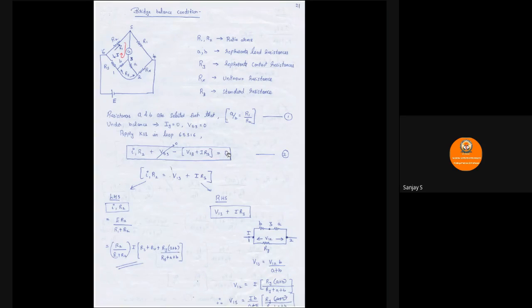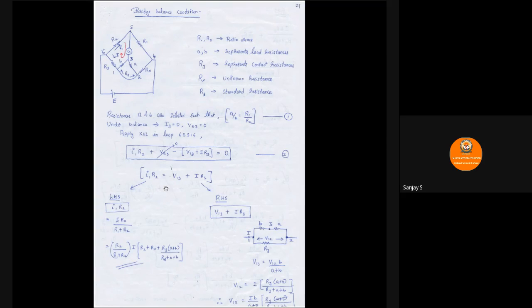This is nothing but your second equation. If you have a look here, V phi 3 is 0 because we are assuming the bridge is balanced. So you will be left with I1 R2 is equal to V13 plus I R3, capital I into R3. We have assumed capital I as the current flowing through R3 and small I1 as the current flowing through R2, as you can see in the circuit. So I1 R2 is equal to V13 plus I R3.